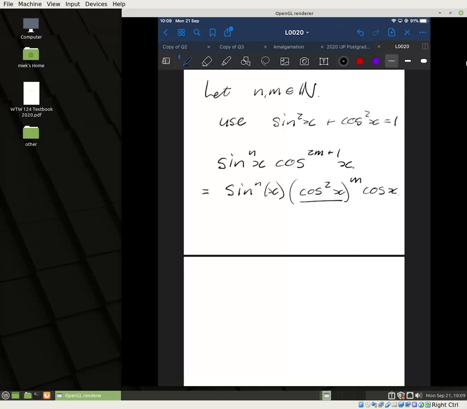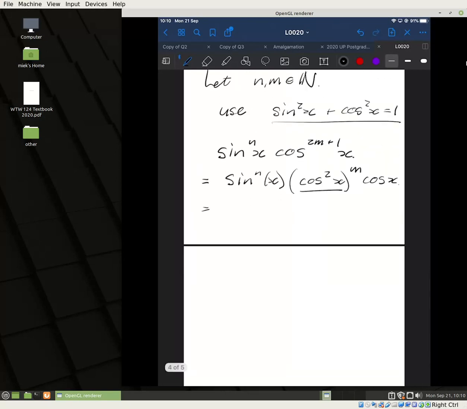And now, using this identity, let us convert these cosine squareds to sines. So what do we get? We get sine to the n x, and this factor then becomes 1 minus sine squared x to the power m, cosine x.